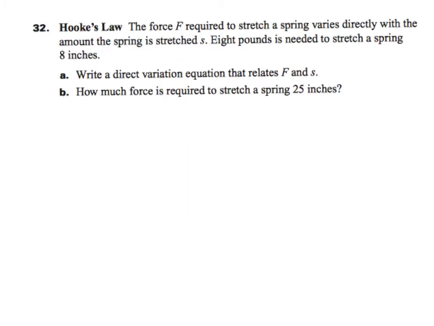Okay, here's an example where you can see direct variation in action. The force, F, required to stretch a spring varies directly. So right away, we're thinking y equals ax. But it's not y that varies directly, it's F. So F varies directly with what? Let's see.